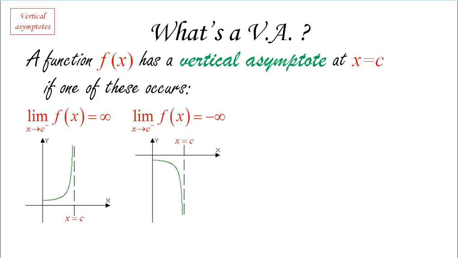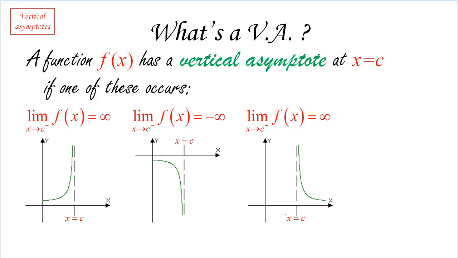So in this situation, the limit as x approaches c from the left-hand side of the function is going to go to negative infinity. So once again, as the graph approaches the vertical line x equals c from the left, the function itself will go to negative infinity. Or one of these two conditions can hold on the other side. So we can have that the limit as x approaches c from the right-hand side is going to be infinite.